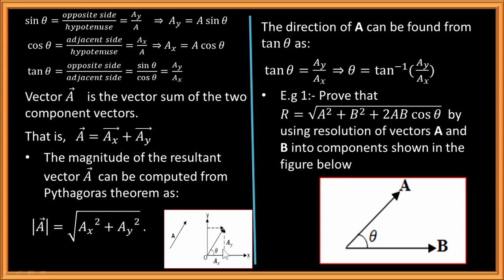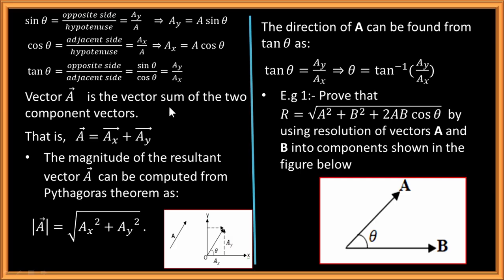This is a right angle triangle. The direction of Ax is to the right, the direction of Ay is upward, and this forms a right angle triangle, and thus Ay is A sin theta, Ax is A cos theta, and tan theta is Ay over Ax.